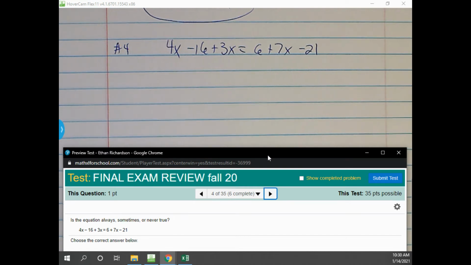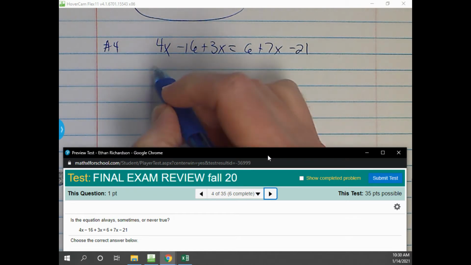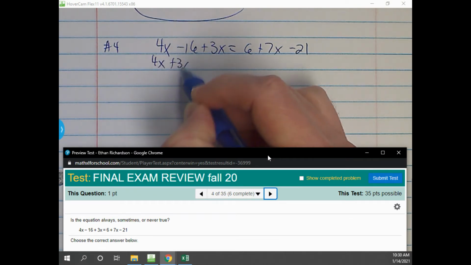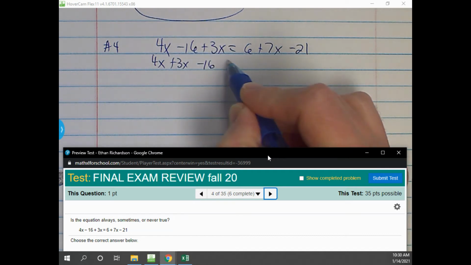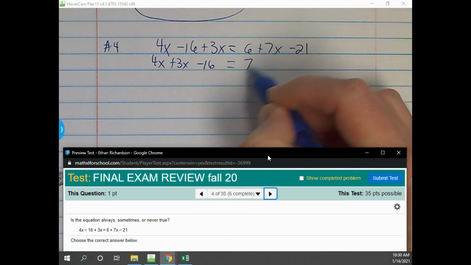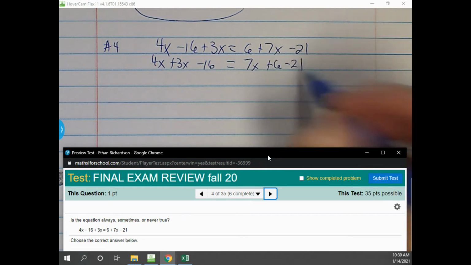Okay, couple options you can do on this one. Because you've got so much stuff on the left and the right, I would just rearrange these terms so your x's together. So rearranging the terms will make it 4x plus 3x minus 16. On the right-hand side, I would put the 7x first and then just switch these two positions. So then we've got a positive 6 and then the minus 21.